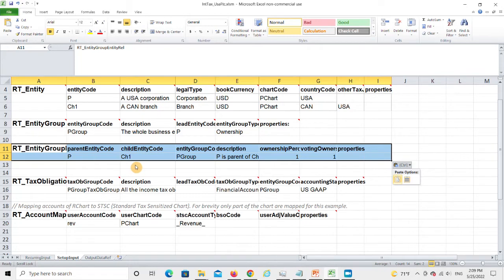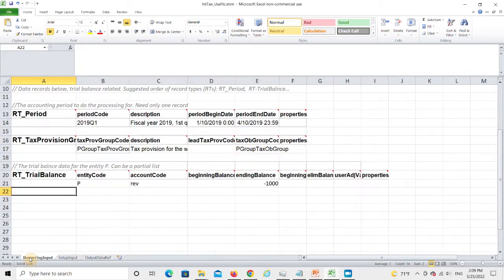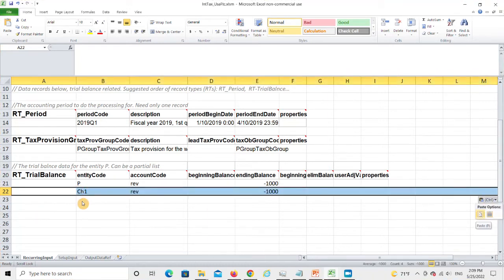And this is for the period, so therefore it's in the recurring input. We want to tell the engine about CH1's revenue. So here we tell the engine that CH1 has a revenue of $1,000.